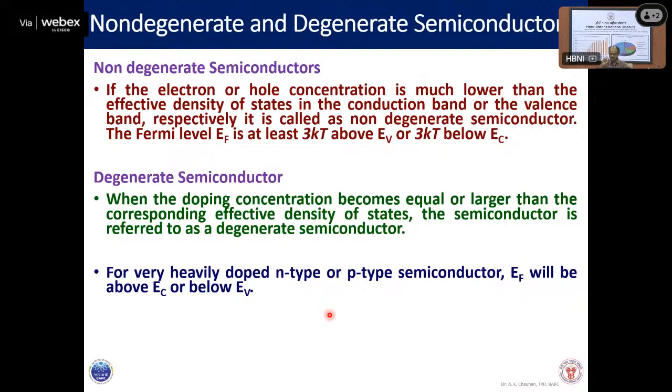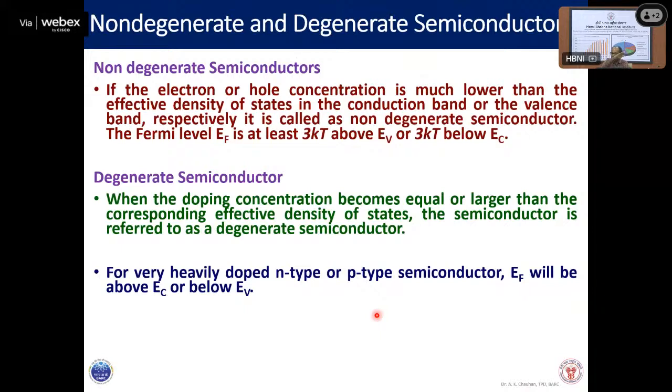So, it was like you have a conduction band, and we realized that when we dope with, say, phosphorus, an energy level is created 0.045 electron volt below the conduction band. However, if we keep on adding phosphorus, and it is more than the effective density of states available, what will happen?